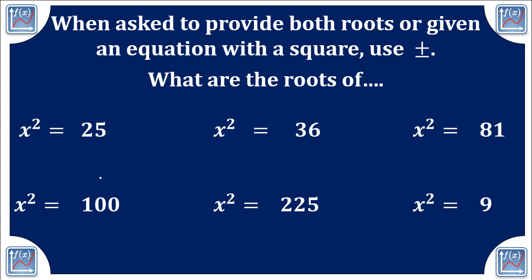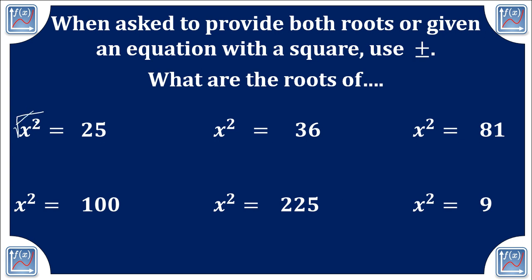Or if you're solving an equation. So in our first example here, we're saying what could x be that if we square it, we get positive 25. So remember, taking the square root is the inverse of squaring. So to get rid of an exponent of 2, we can take the square root.